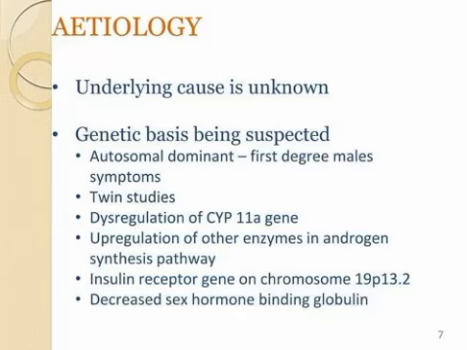Some of the genetic basis also leads to polycystic ovarian syndrome: upregulation of other enzymes in the androgen synthesis pathway, the insulin receptor gene on chromosome 19p13.2, and decreased sex hormone binding globulin. So these are some of the genetic bases suspected to be the etiology for polycystic ovarian syndrome.